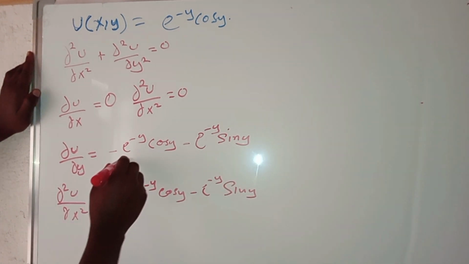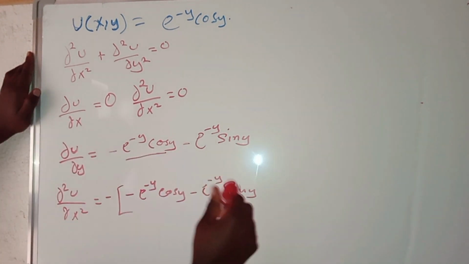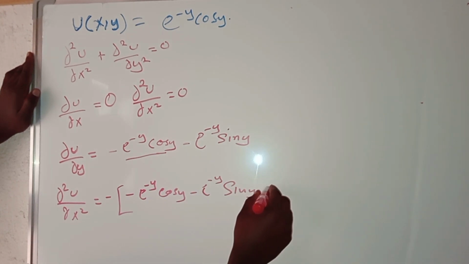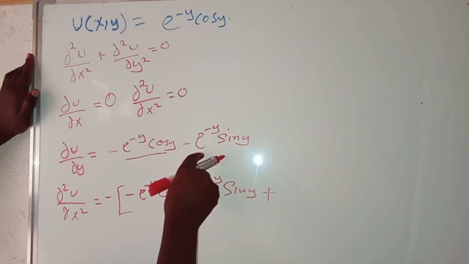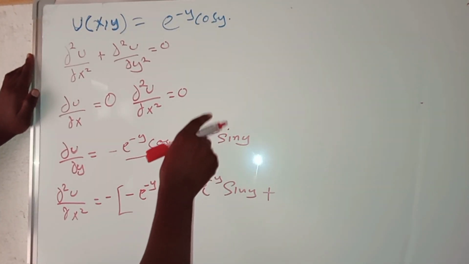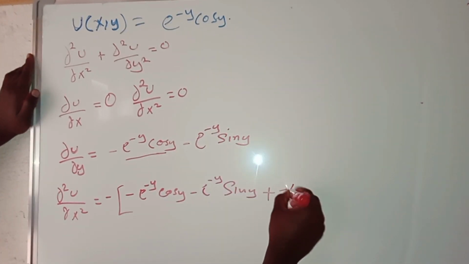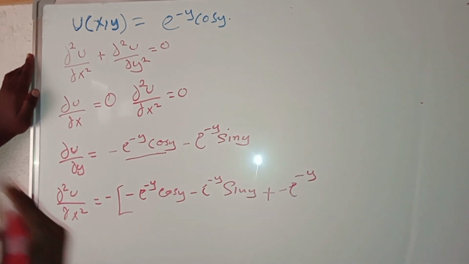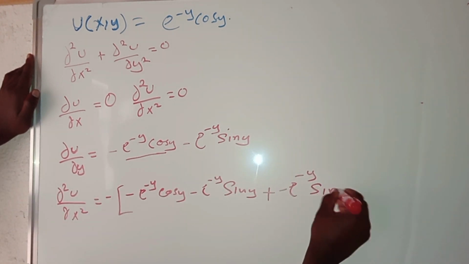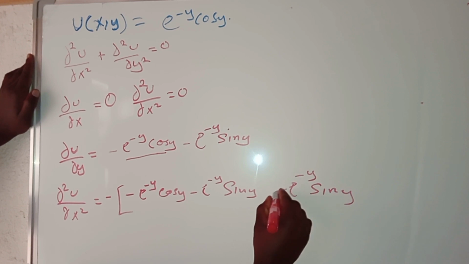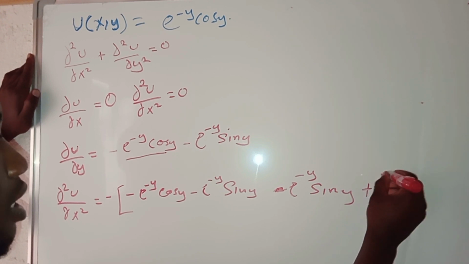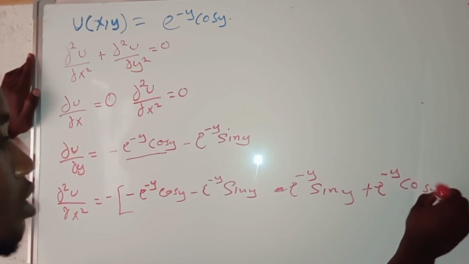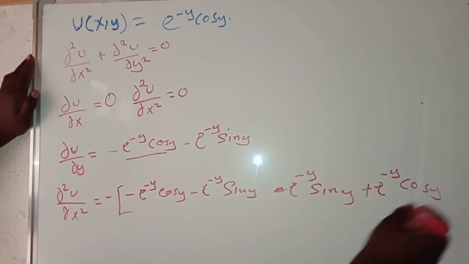Sin y, that is this part, plus the derivative of e raised to the power negative y, which is minus e raised to the power minus y sin y. This is negative sin y, plus e to the negative y cos y. Read together.